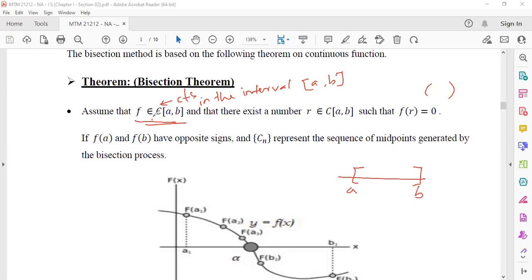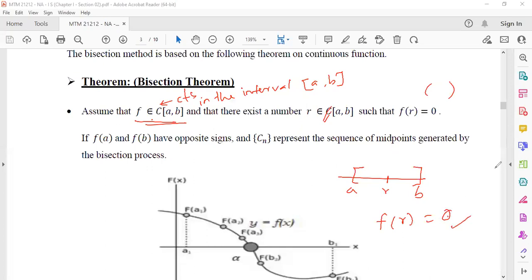The function is continuous in the interval [a, b], and there exists a number r, like alpha. We're going to talk about one number r, which also belongs to [a, b], such that if you put r into that function, you will have 0.